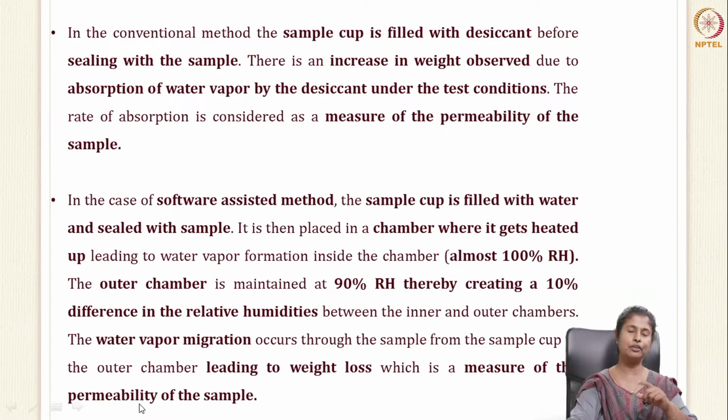So there is an opposite direction in both. Though the migration is opposite in the conventional and the software method, in both cases you are going to find out the permeability or the barrier property of your test packaging material. We'll now look into the video which will show you the demonstration of the water vapor transmission rate.